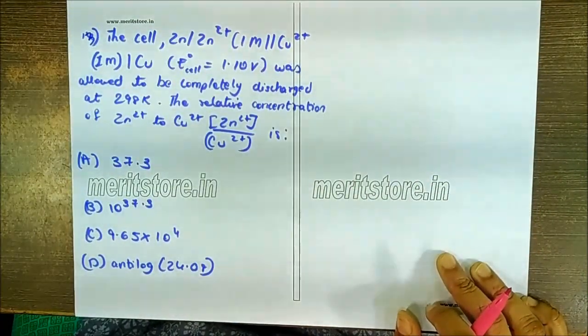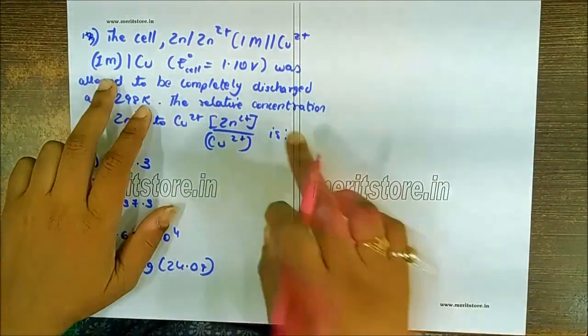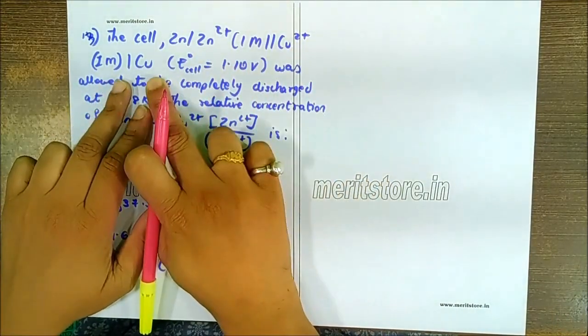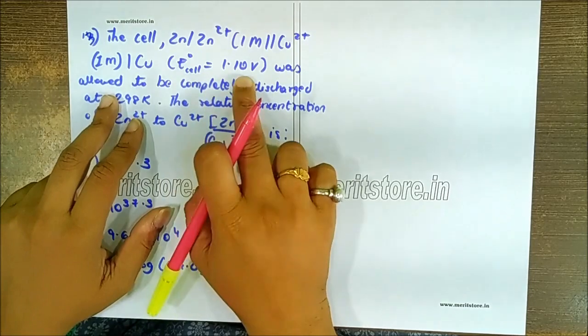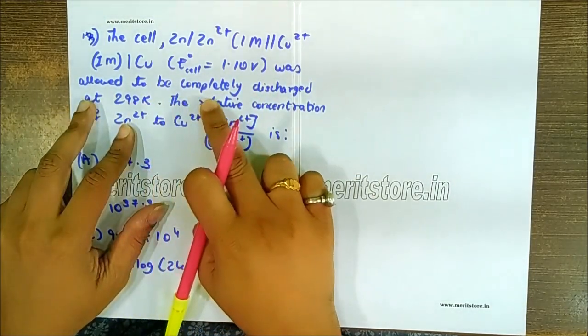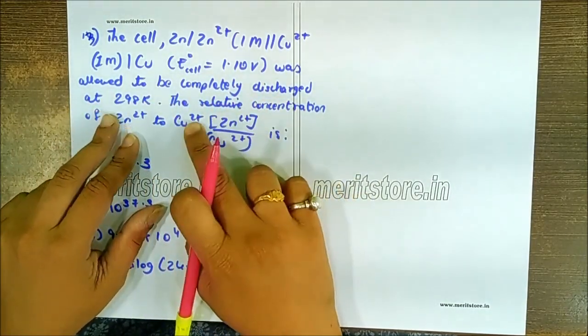Question number 13: the cell zinc in combination with copper, having E0 cell 1.10, was allowed to be completely discharged.